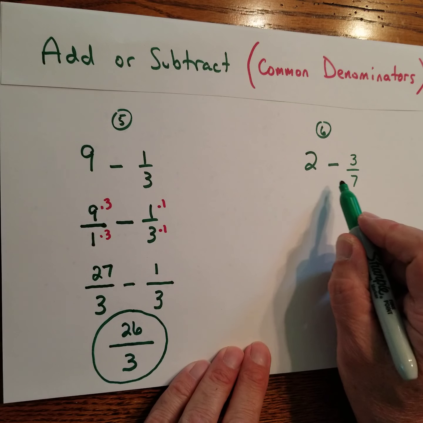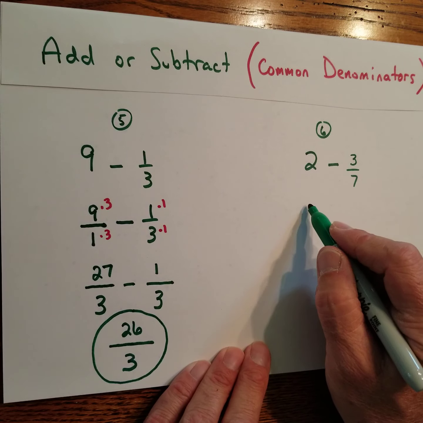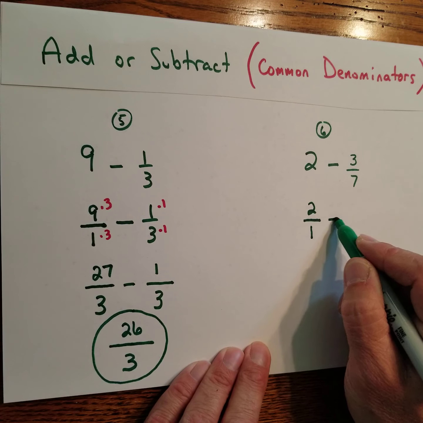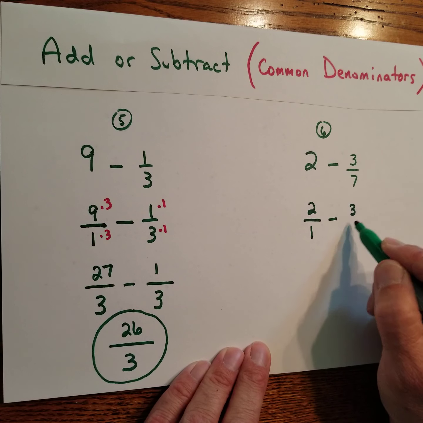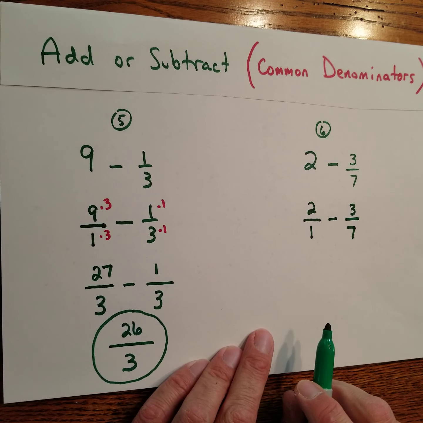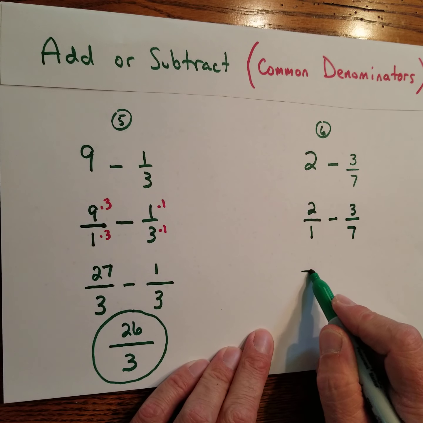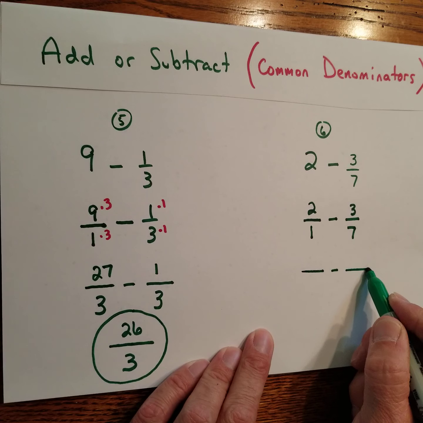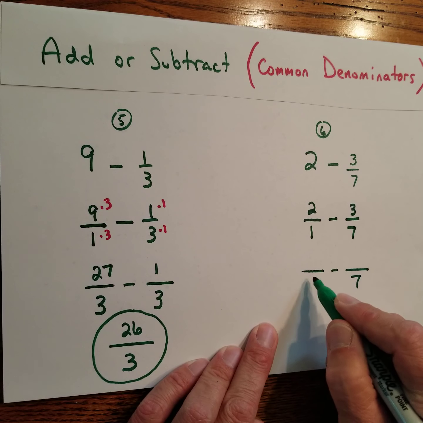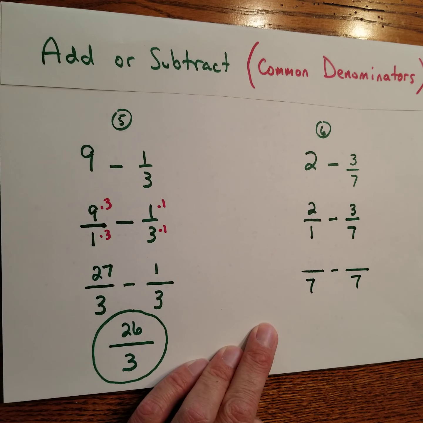It's a whole number minus a fraction. We'll rewrite the problem showing 2 as 2 over 1. That way both numbers look like fractions. Now a common denominator. Since the smaller number divides evenly into the bigger number, we'll use the bigger number. Numerators.